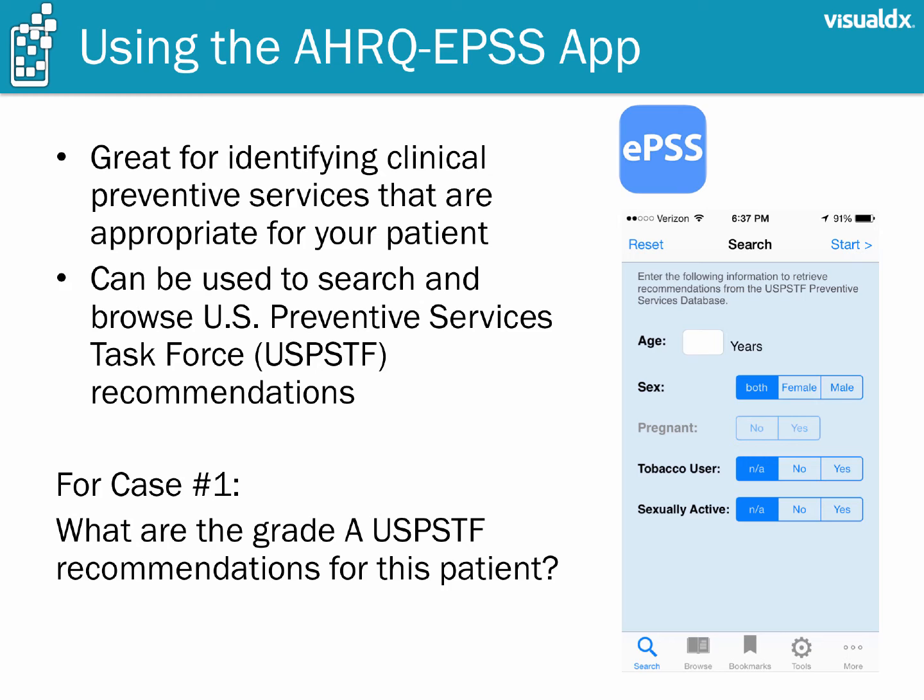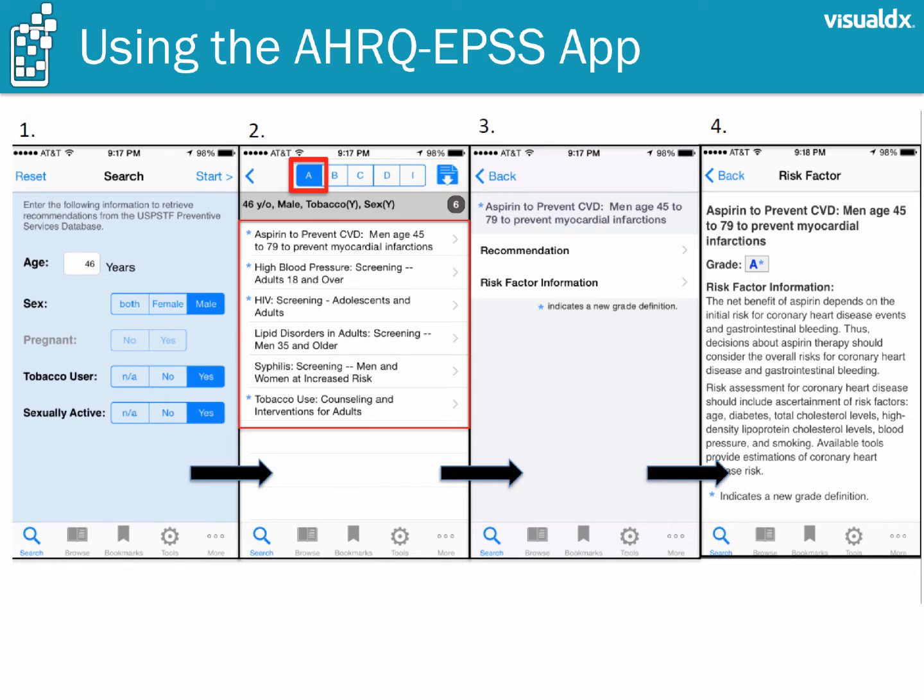Using a medical application through the Agency for Healthcare Research and Quality, they have an ePSS app that's quite nice at taking the age of the individual, the gender, and if applicable, whether they're pregnant, whether they smoke tobacco, and whether they're sexually active. Based on the updated U.S. Preventive Services Task Force recommendations, it can tell you what would be recommended for this individual.